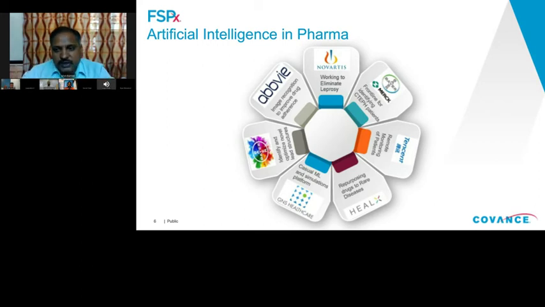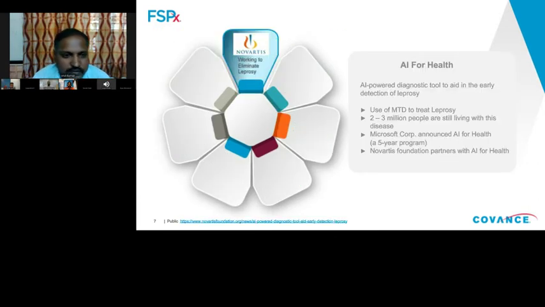So the first example I'll take is Novartis AI for Health. Novartis is an organization which is embracing the advancements in artificial intelligence technology, and they're doing it to create new and improved treatments and to get people access to the new treatments quickly.